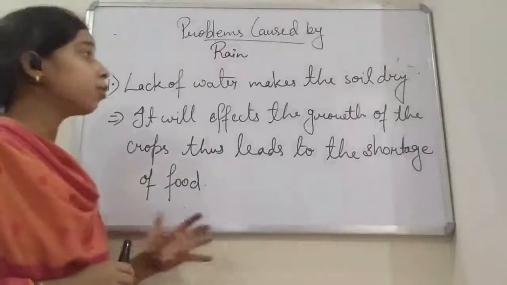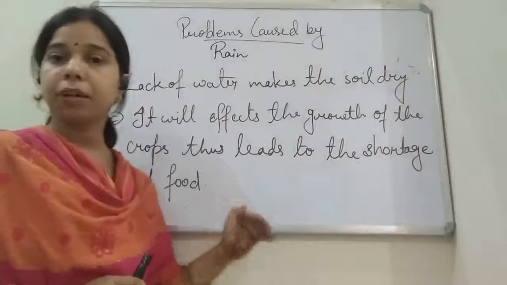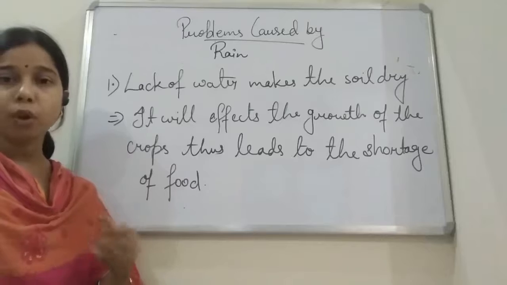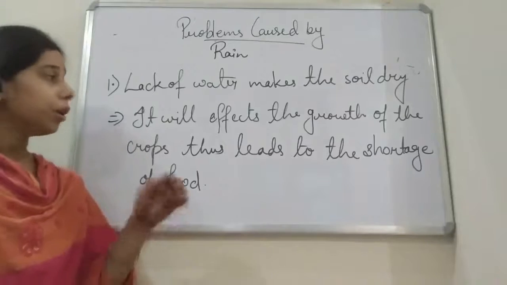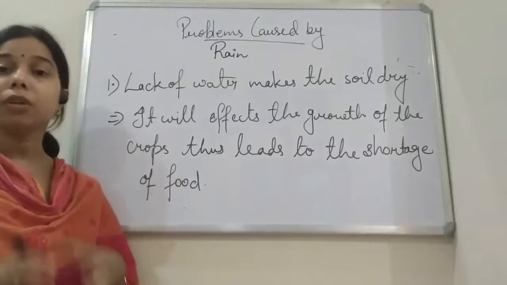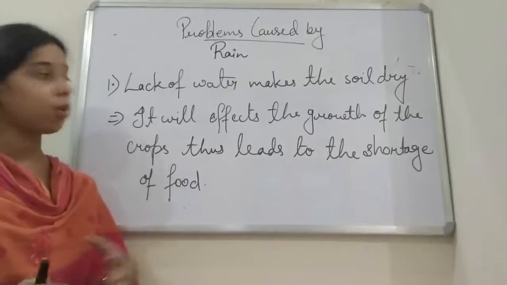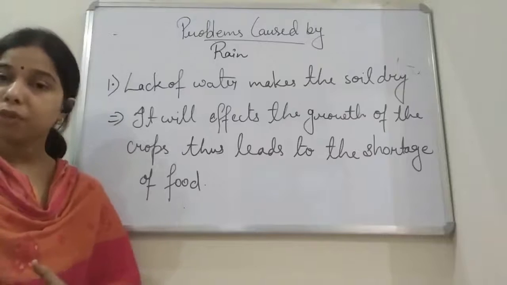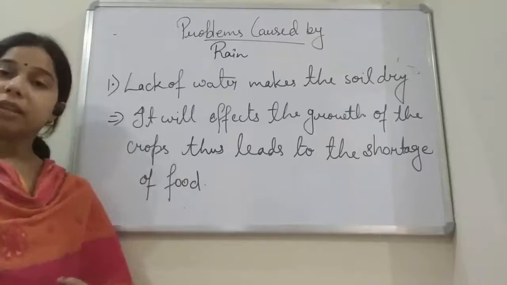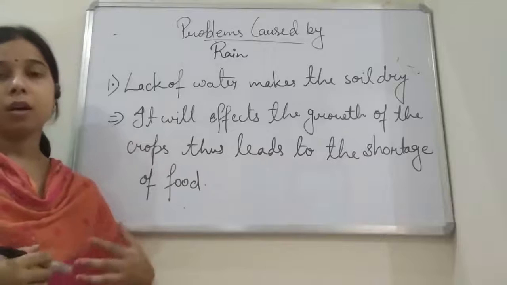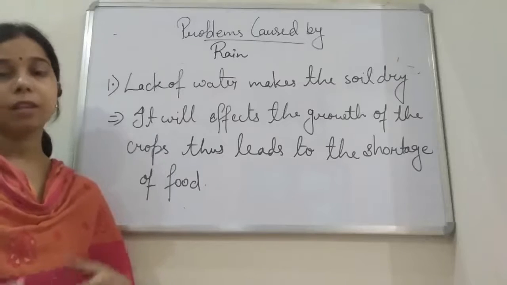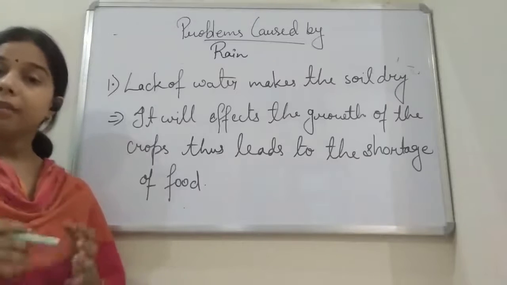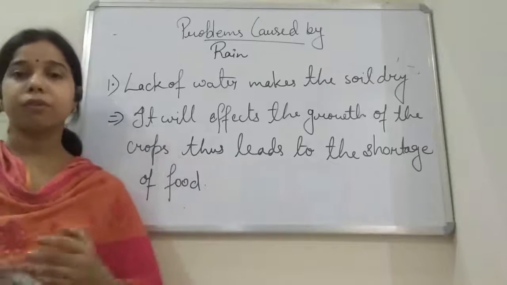So you can see here, students, when there is no water, it is going to make the soil dry, and as the soil gets dry, it loses all its moisture, due to which the crop we grow in the soil will also be affected. So the growth of the crop will be affected, and when there is no proper growth of the crop, there will be a shortage of food.